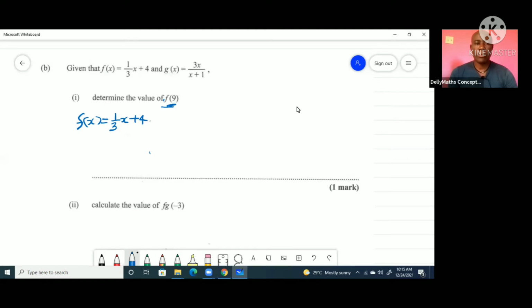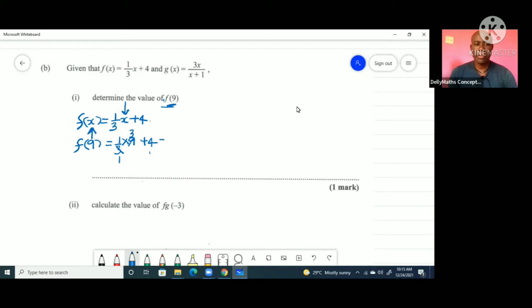What we're about to do is to find f of 9. If we look carefully, we would have seen that the 9 actually took the place of the x. Therefore, the 9 will be substituted where x is right here. So we'd have 1/3 times 9, and then we're going to be adding 4 to that. 3 into itself one time and 3 into the 9 is 3.